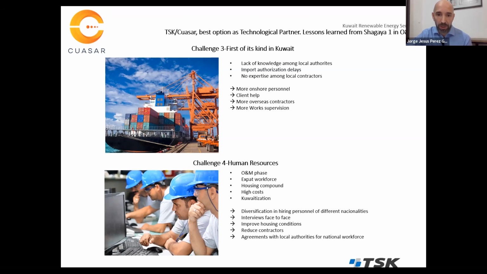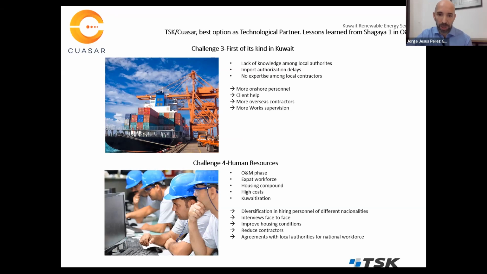And the challenge 4 is the human resources. Of course, if you are working with expat workforce, as mainly we are working here, you need to be an expert on what to hire, when to hire, what training to do, what are the differences between some nationalities, where are you going to keep this workforce, etc. That means high costs.